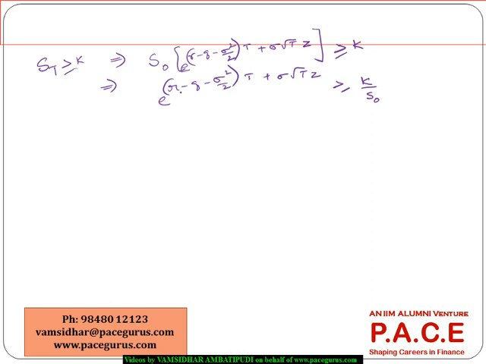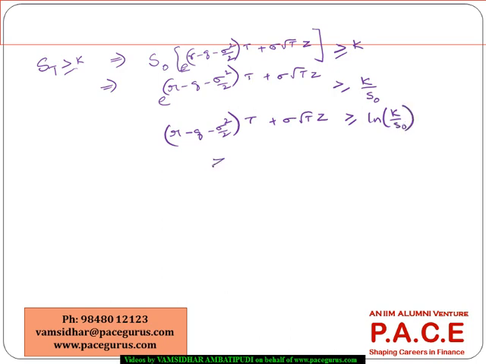And again, if I take the log, (R minus Q minus sigma squared by 2) times T plus sigma root T times Z is greater than or equal to log K by S naught.